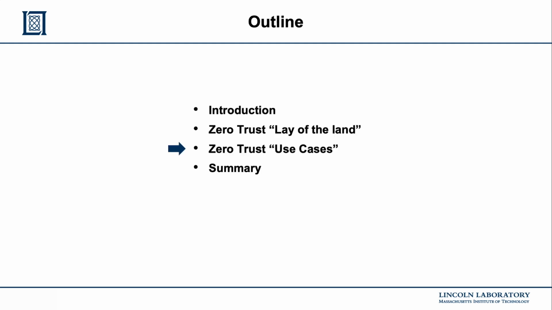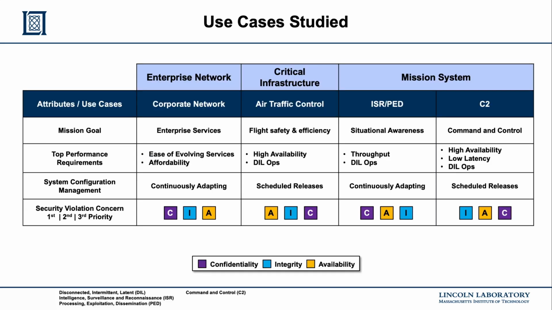We wanted to take what we learned from these implementations and apply them to use cases that are relevant for the US government. And so we defined several different use cases here. A way of thinking about them is to think through not just their cybersecurity needs, but also the functional needs of those systems.